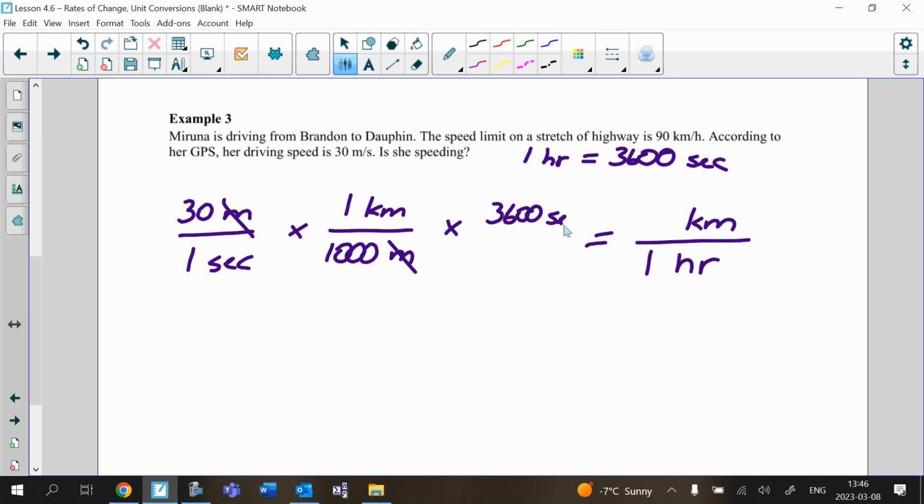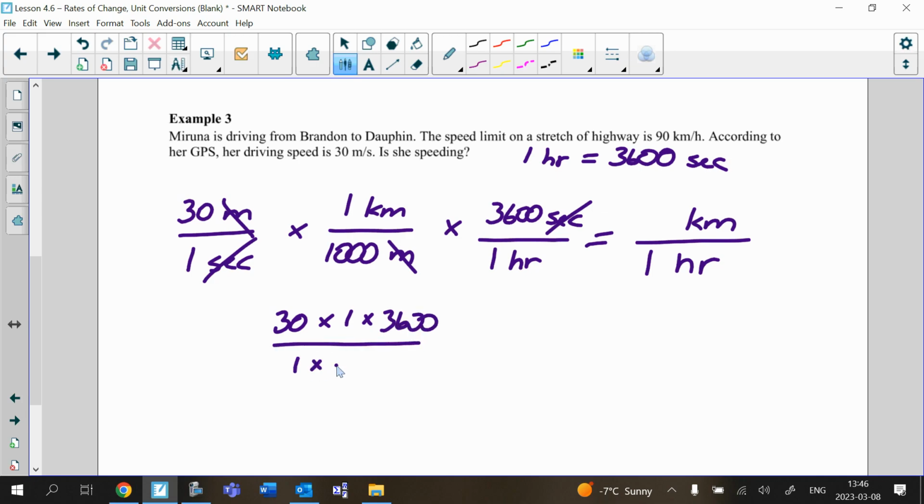So what do I do in this case? 30 times 1 times 3,600, divided by 1 times 1,000 times 1. And that will get me my answer. And it should work out to, when you do it, 108 kilometers per hour.